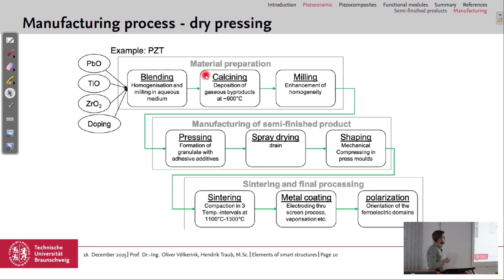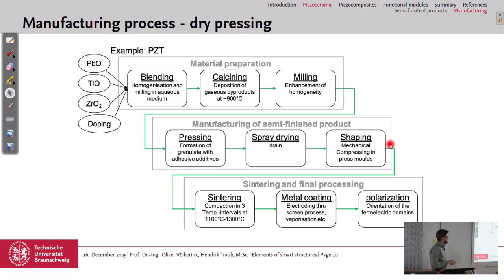Then there is a calcination process at 900 degrees Celsius to get rid of some byproducts you don't want in the blend, and then you mill it again to enhance the homogeneity. With this powder, you go into a press process, pressing it in a die with some adhesive additives, then dry and shape it. After these process steps, you have the so-called green body of the piezoceramic.